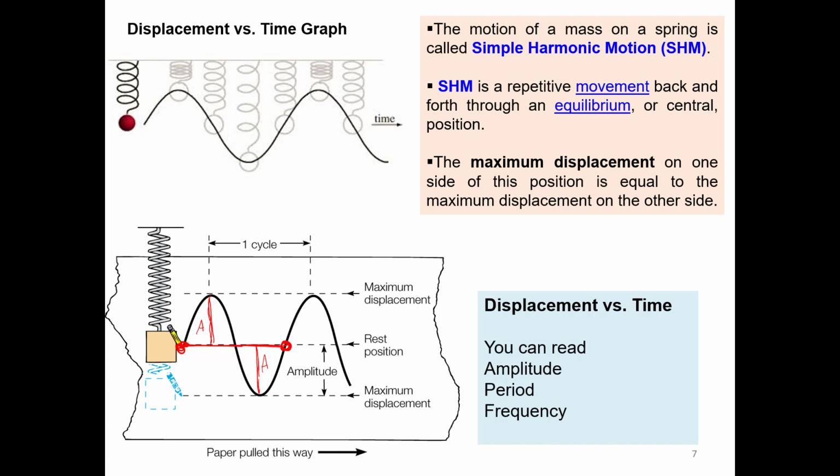And if we know the period, we know the frequency, because the frequency is the inverse of the period. This is why, if we have the displacement versus time graph for any vibrational motion, we can get this information.